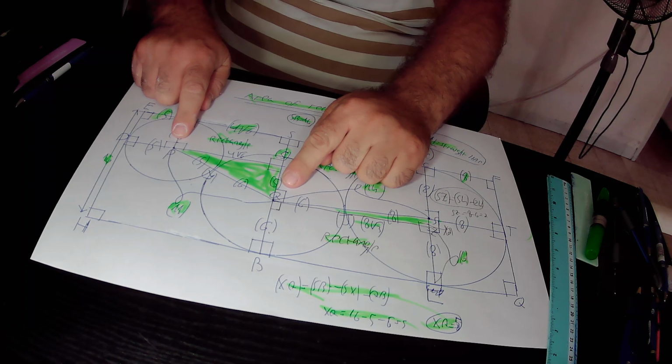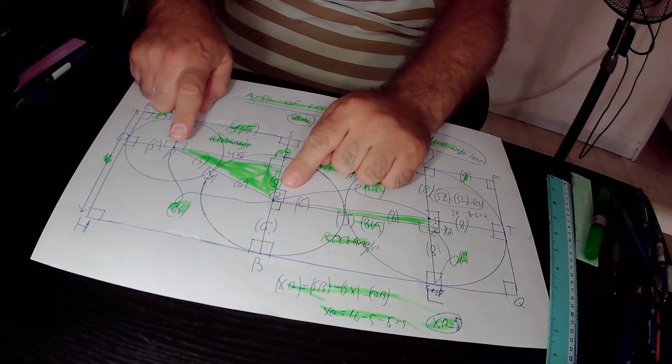So PYQ is a straight line, according to rule 10. If PYQ is one straight line, it means that PQ equals PY, that is 5, plus YQ, that is 6. So in total, PQ equals 5 plus 6, which is 11.